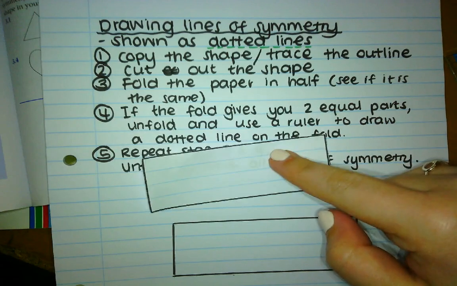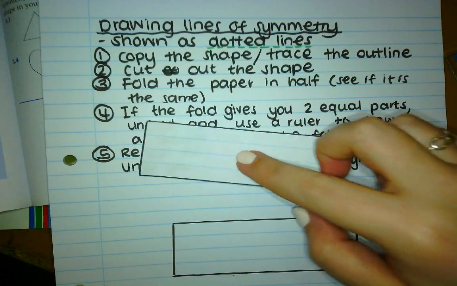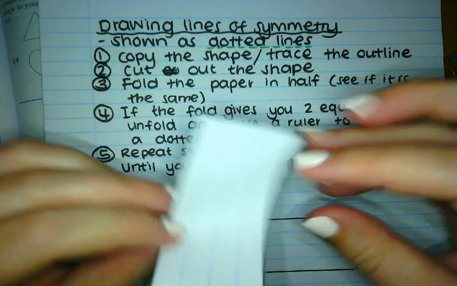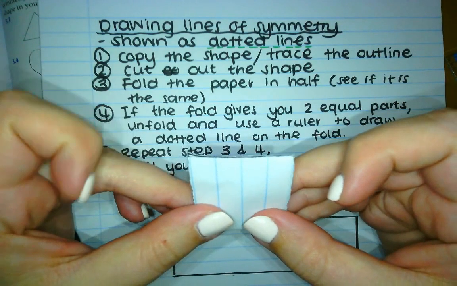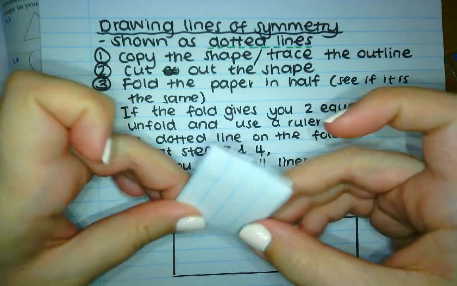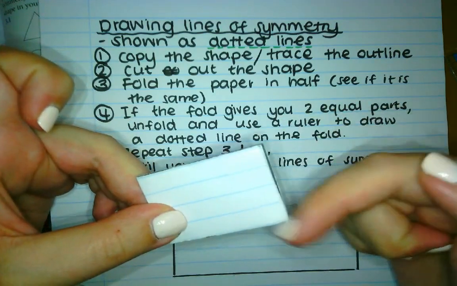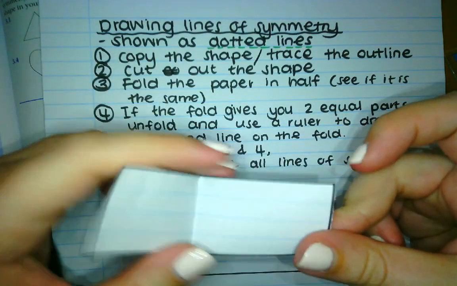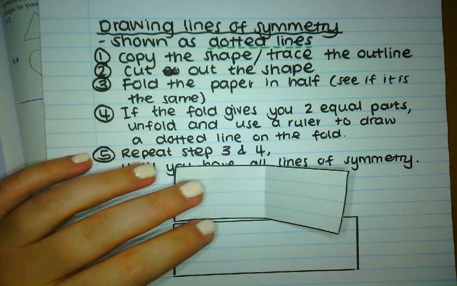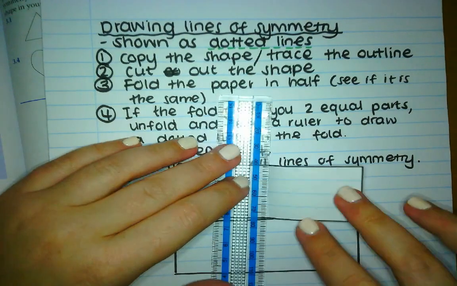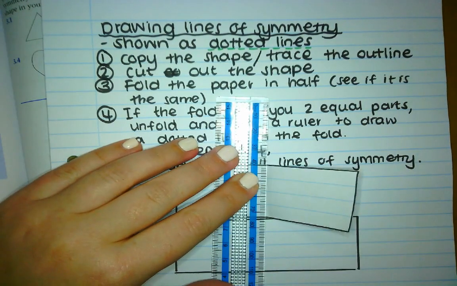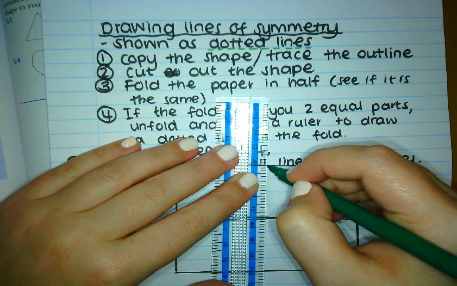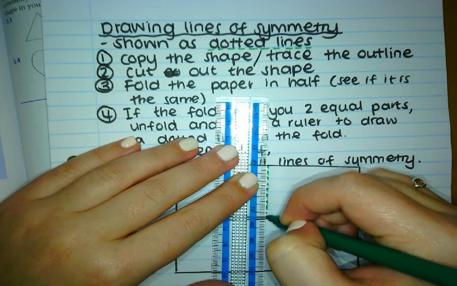Cool? Then it says to you, fold the paper in half. So I've folded it in half. Do you see it's exactly the same? Okay. So then I unfold it, and what I do is I take my ruler and I put in my dotted line.